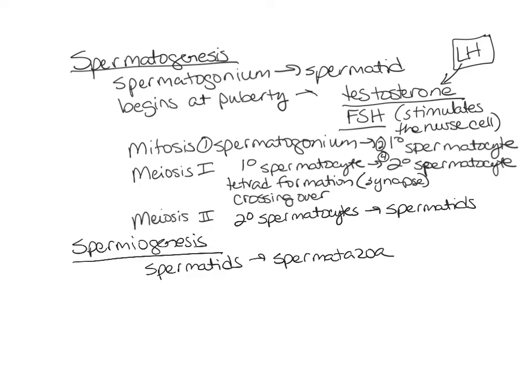We're going to take a look on the next slide and see all the parts of a spermatozoa. So that's spermiogenesis. The spermatozoa are still lodged in the cytoplasm of the nurse cell. So the spermatozoa need to be released. They need to be unlodged from that nurse cell so they can enter into the lumen of the seminiferous tubule. And that process is called spermiation.